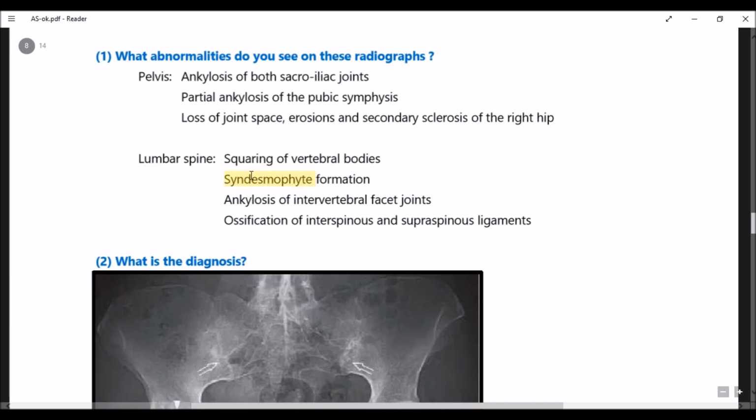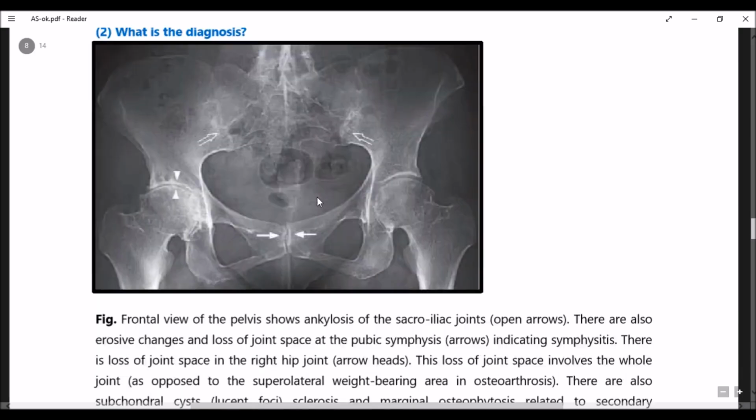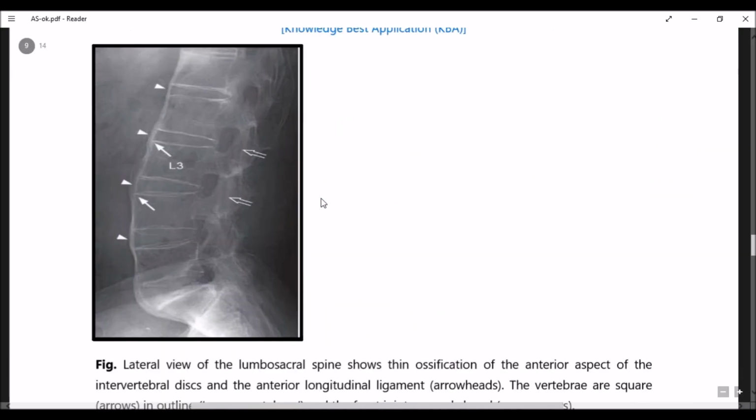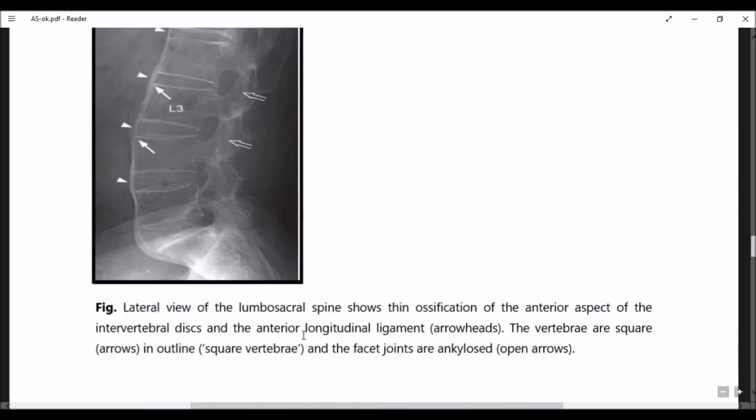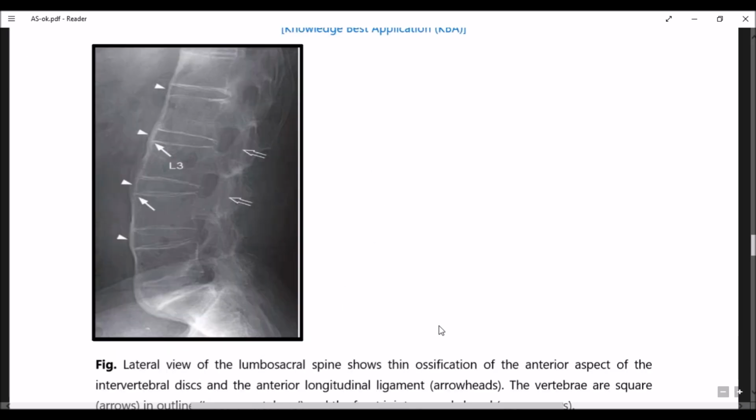Syndesmophytes, yes, this is a very important point. Also ankylosis of the intervertebral facet joints and ossification of the interspinous and supraspinous ligaments. You see the lateral view of the lumbosacral spine shows ossification of the anterior aspect of the intervertebral disc.